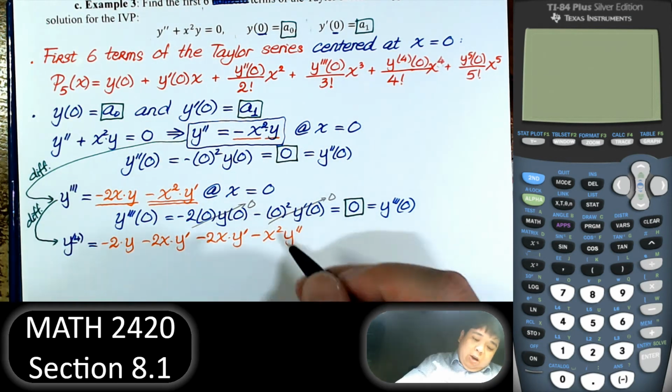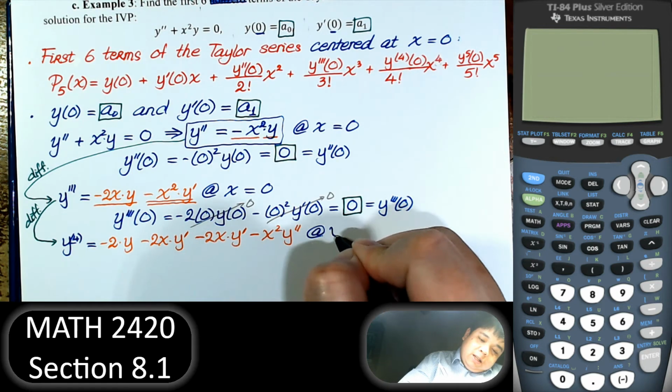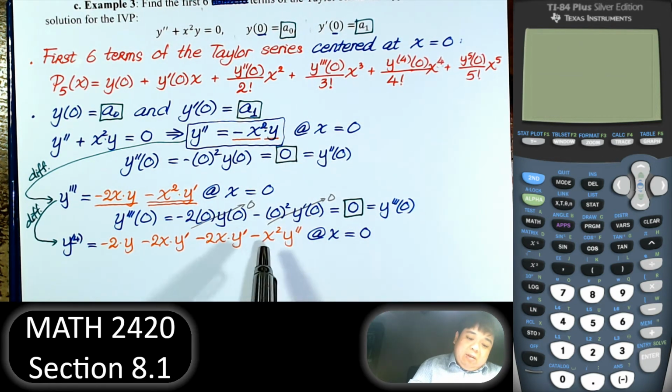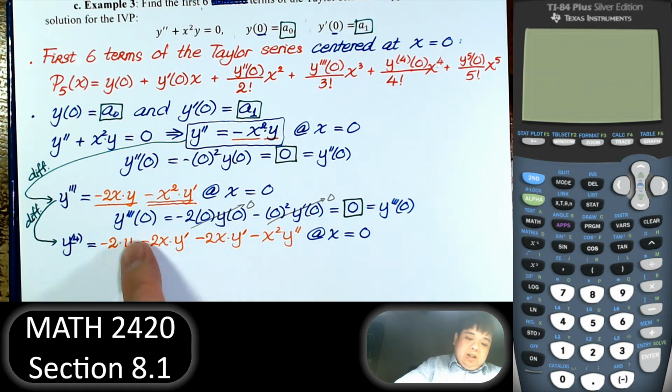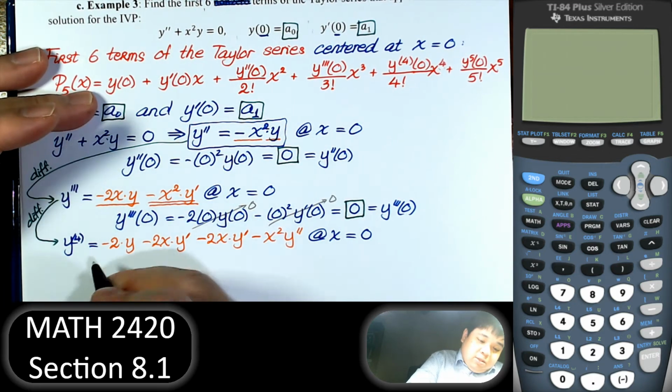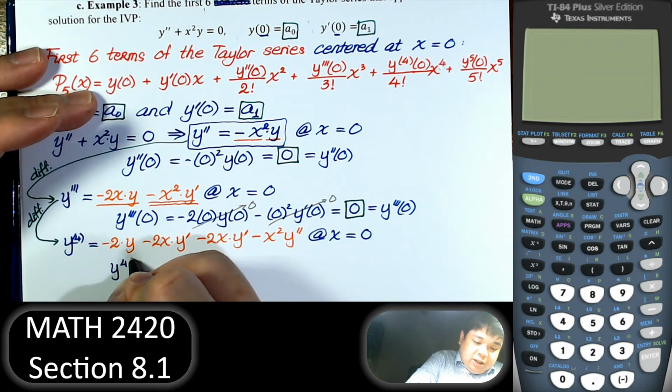We're going to evaluate at x equal to 0. Of course later on we know that every time we have x in it, it's going to be 0, so all of that is 0. But let's just do that slowly.